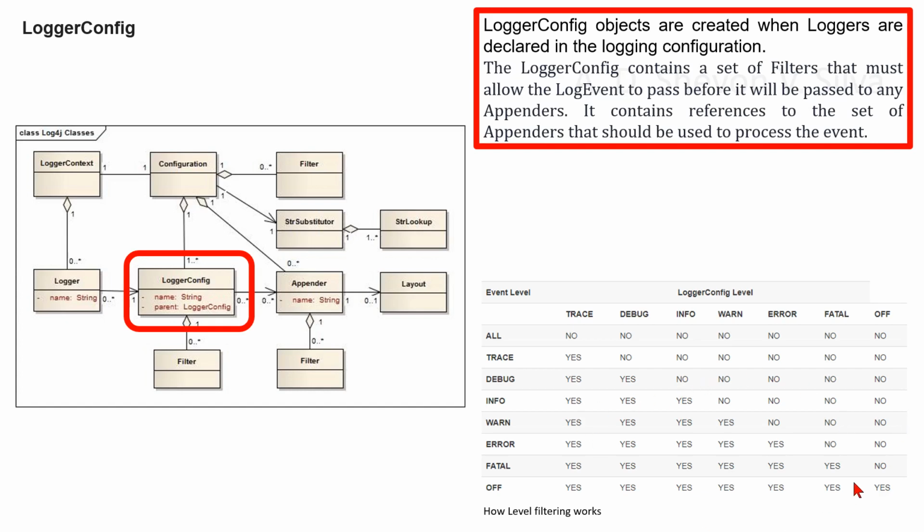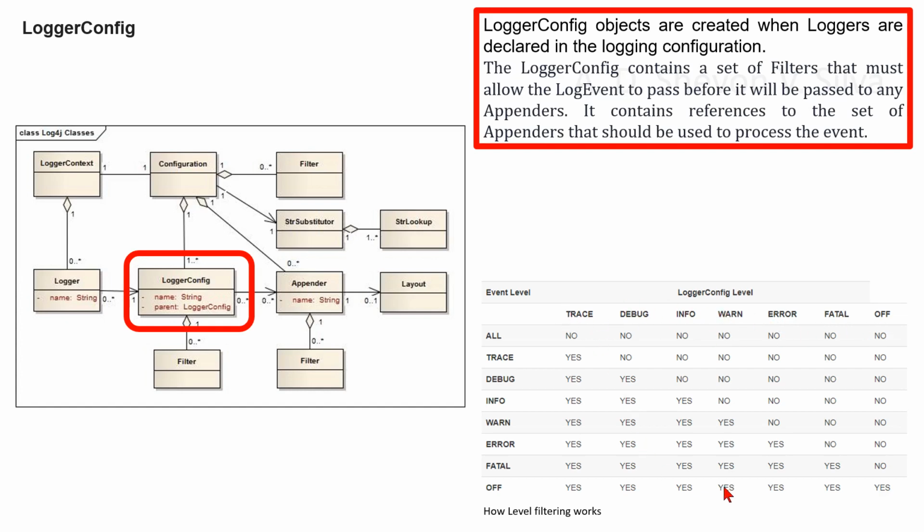The table here illustrates how level filtering works. In the table, the vertical headers show the level of the log event, while the horizontal headers show the level associated with the appropriate LoggerConfig.